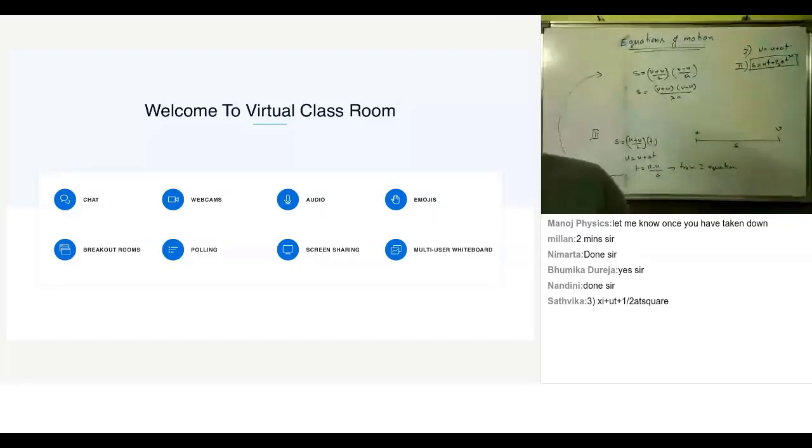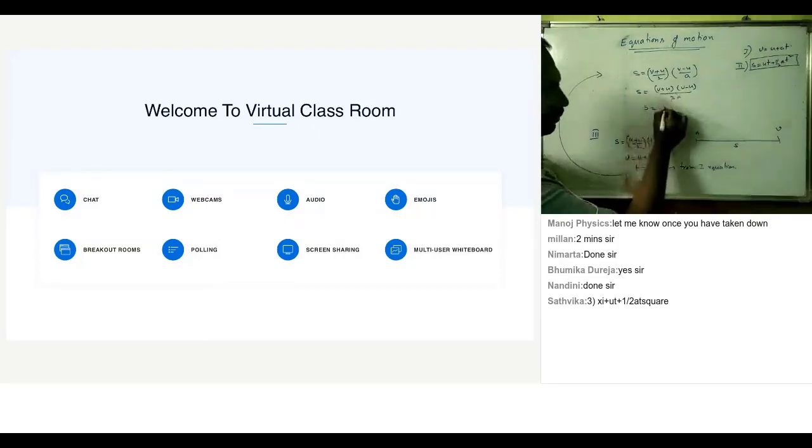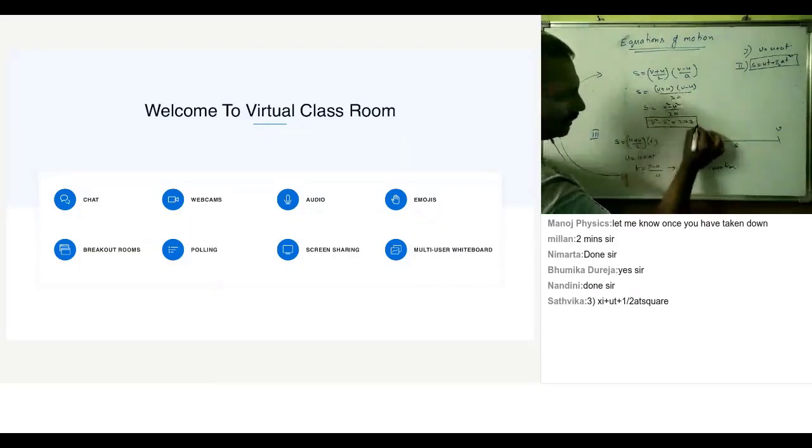How can we write (a plus b) into (a minus b)? a square minus b square. So (v plus u) into (v minus u) can be written as v square minus u square, by 2a. I'll bring this to this side and rearrange the variables to get v square minus u square equal to 2as. This is the third equation.